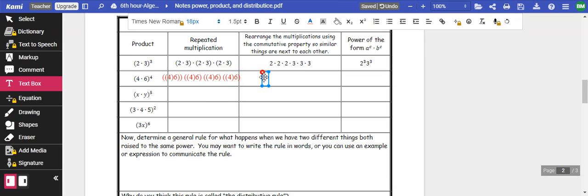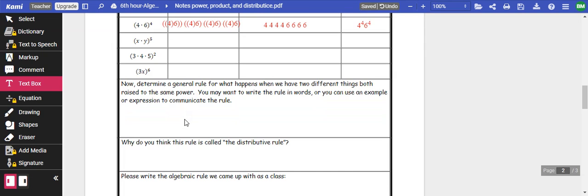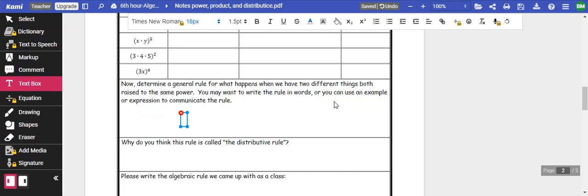That all goes here. So what this is saying is we've got 1, 2, 3, 4, and 1, 2, 3, 4. So we end up with 4 to the 4th and 6 to the 4th. I'm not going to do more because that was painful, but I will do more in class.